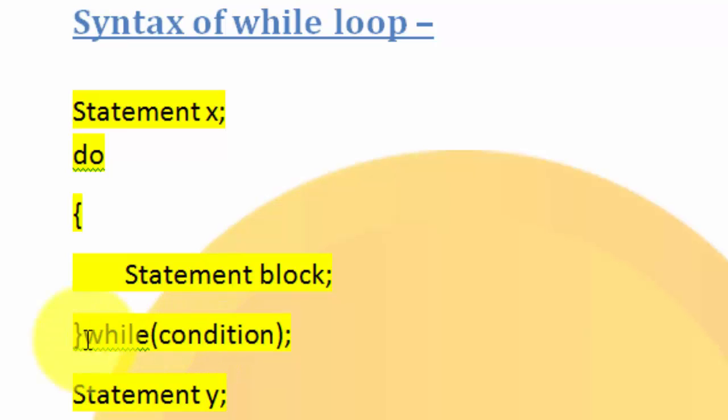If the condition is true, the statement block will execute, and if this condition fails, then the loop will go straight out to statement y.